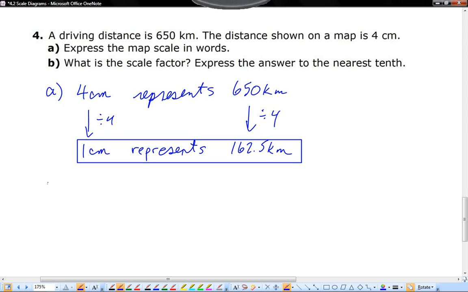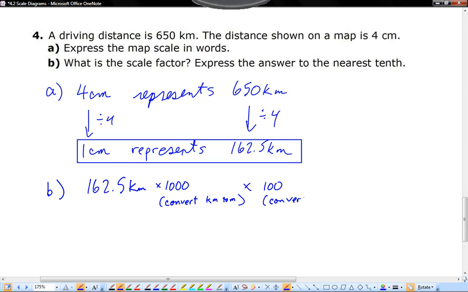Now to get the scale factor, we need to change the 162.5 kilometers into centimeters. And so we need to multiply by 1,000, right? This is to convert kilometers to meters. And then we need to multiply by 100, which is going to convert the meters into centimeters.